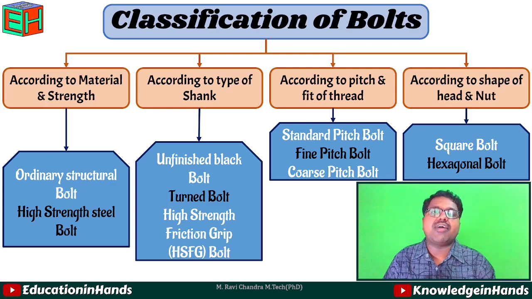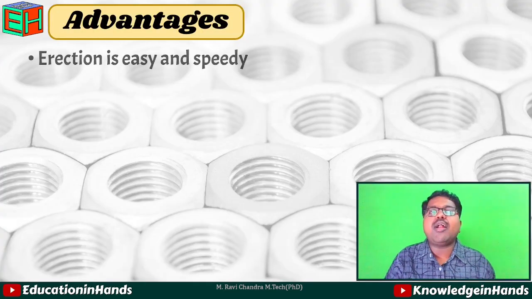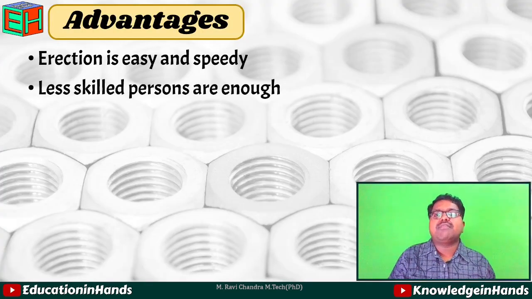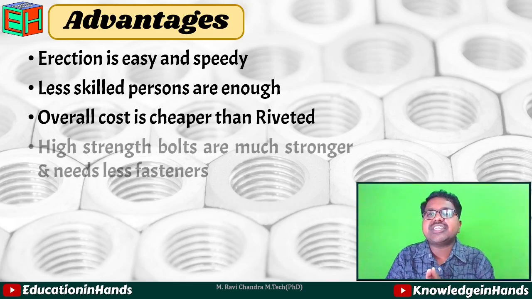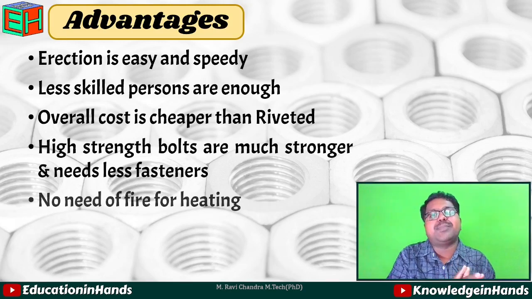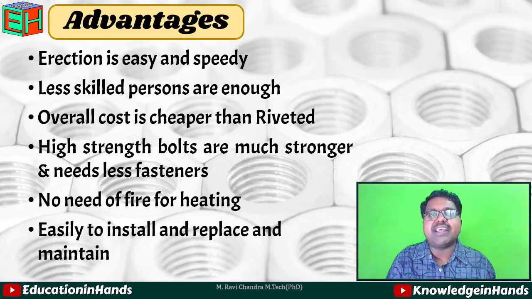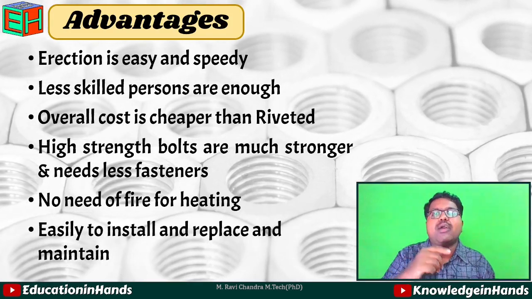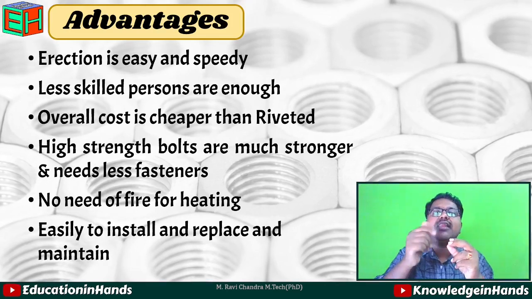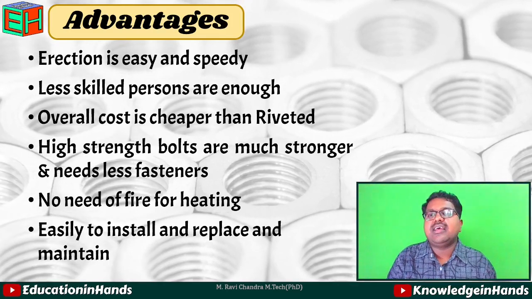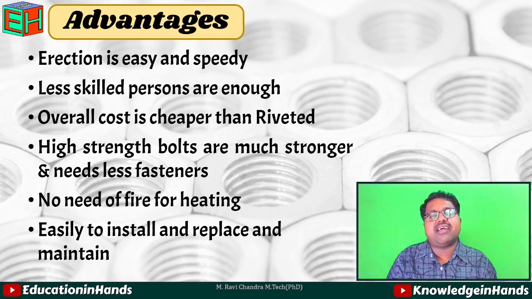Then the next one, if we see the advantages of bolts, the first one is erection is easy and speedy. So the bolted connections we can erect very easily. After drilling a hole, we can keep the bolt and we will fix the nut. Then less skilled persons are enough.